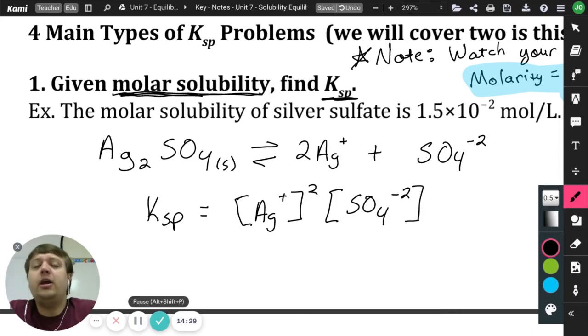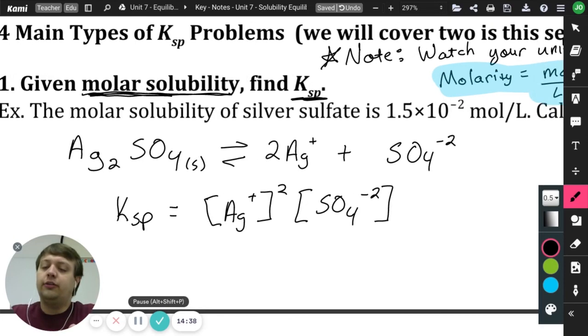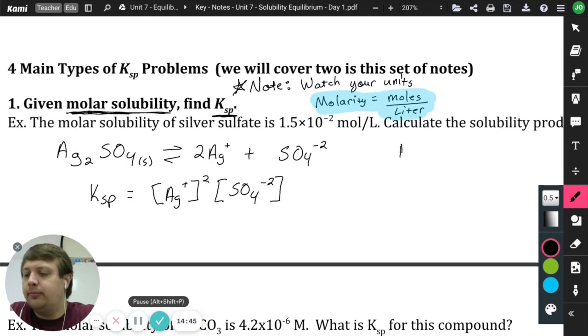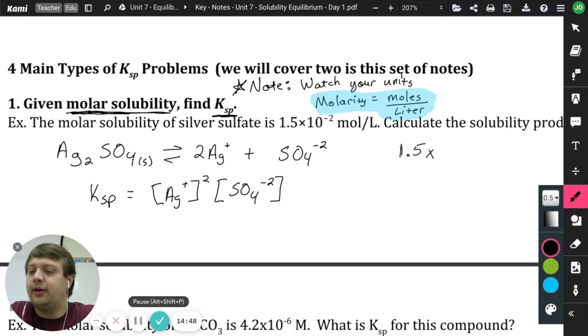Now, here we were told that they gave us the concentrations. Well, one thing to keep in mind is that you've got to think about your mole-to-mole ratio here. So they gave us the molar solubility of silver sulfate. So silver sulfate was 1.5 times 10 to the -2 moles per liter.